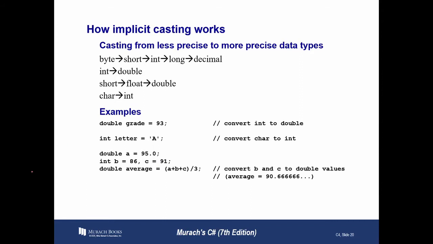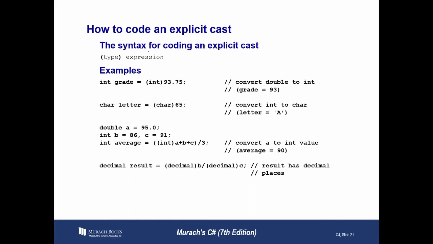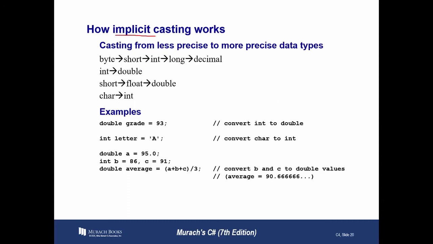So very quickly, there's this idea of implicit casting, and then explicit casting. Let's go back to this for now. When we give a variable its data type, that's an example of implicit casting. So we're saying this data type for grade is a double, no questions asked.